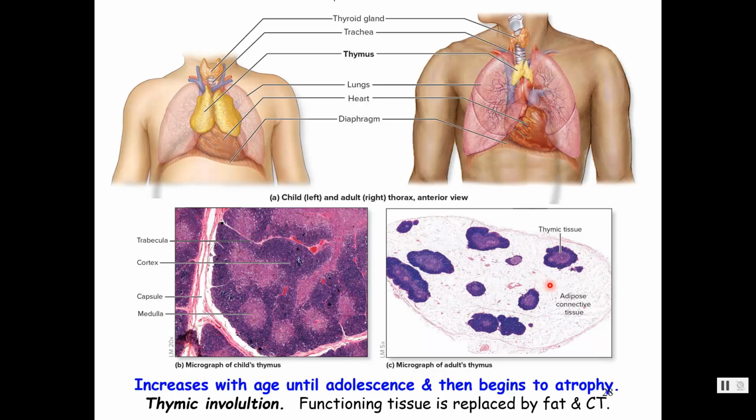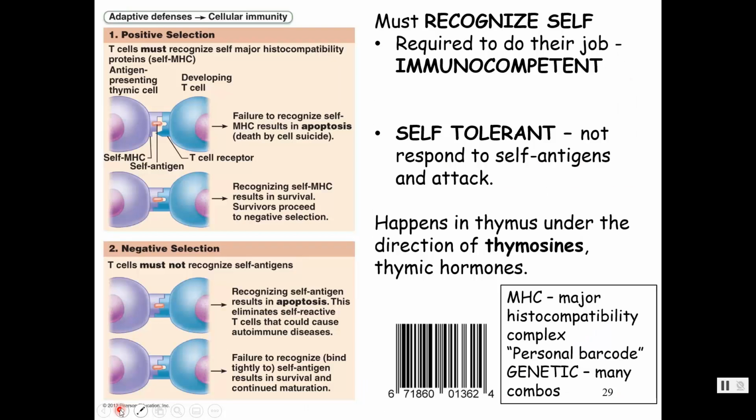It grows until someone's in adolescence, and then it begins to atrophy. It's called thymic involution, but basically this functioning tissue that's involved in that T cell education and maturation is going to become connective tissue and fat, so adipose connective tissue. When something atrophies, that's usually what is replacing the functioning tissue, connective tissue and fat.